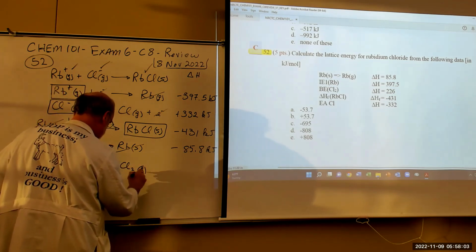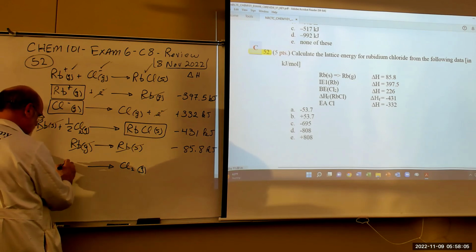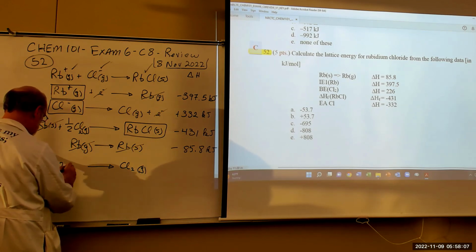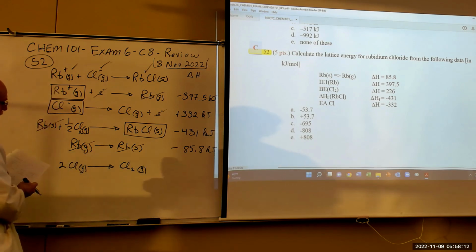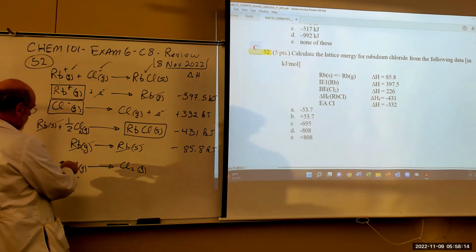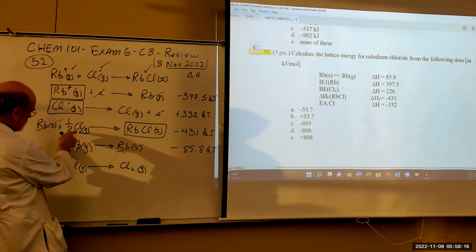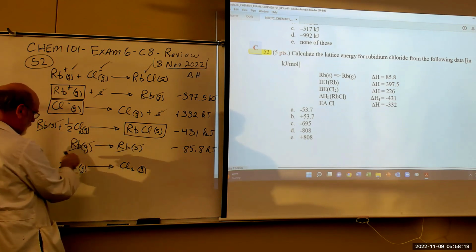This is gas, and this would be 2 chlorine atoms. Right? But we only need 1/2, right? If we're going to cancel this one with that one, we only need 1/2.